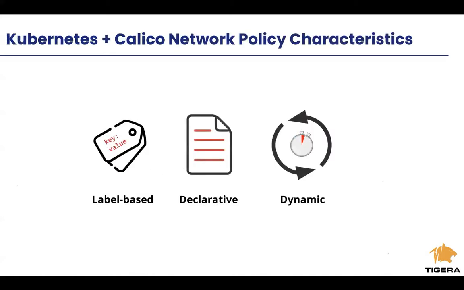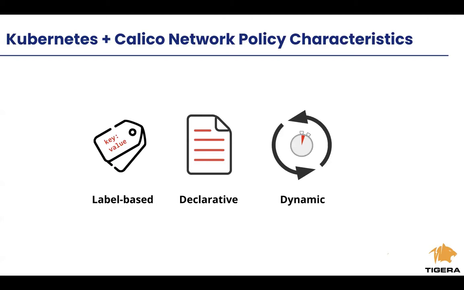So in the new world of Kubernetes and cloud native workloads, there needs to be a better way to secure applications that uses more cloud native primitives, one being labels and selectors. So instead of using IP addresses, which as I mentioned are dynamic and non-deterministic, labels are a much better approach to group pods or applications or resources and use that to apply policies.